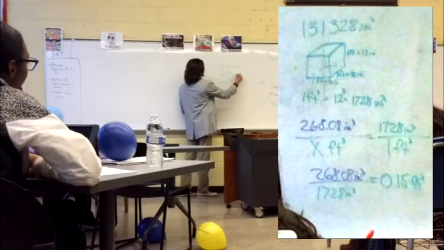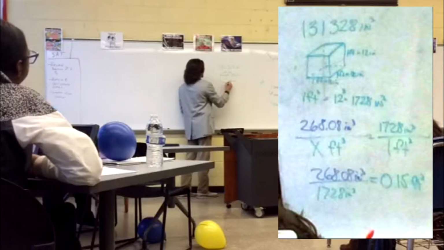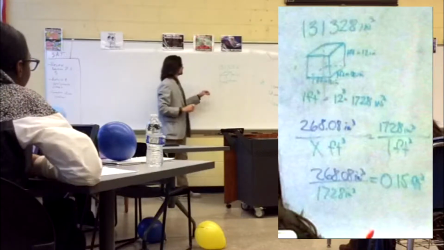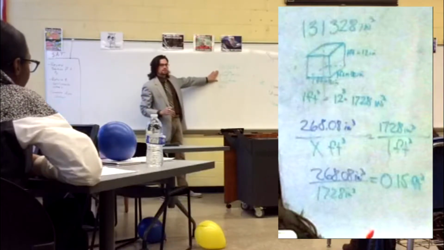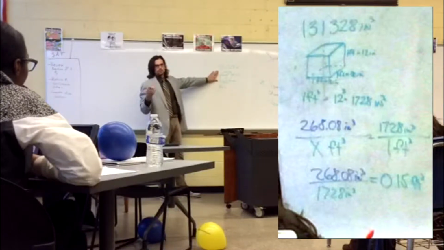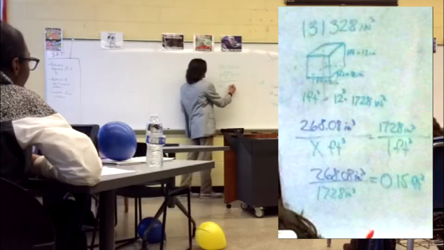That's the same as 12 inches by 12 inches by 12 inches. Here we have 1 cubic foot. How would you get this in terms of inches? What would you do? 12 by 12 by 12, which would be 12 cubed.